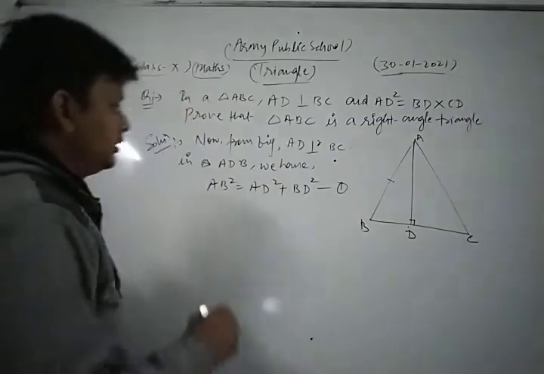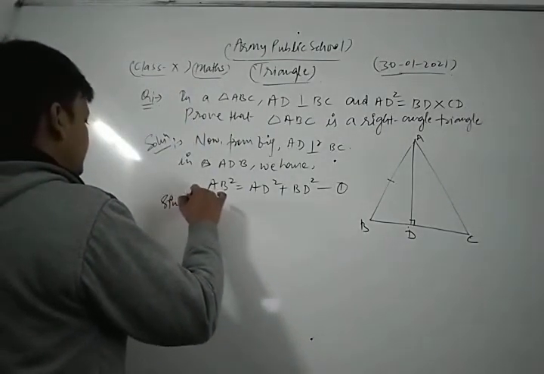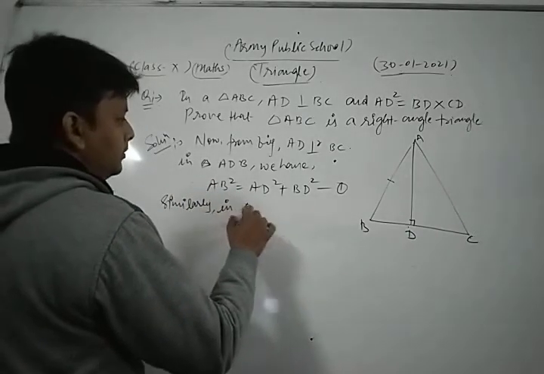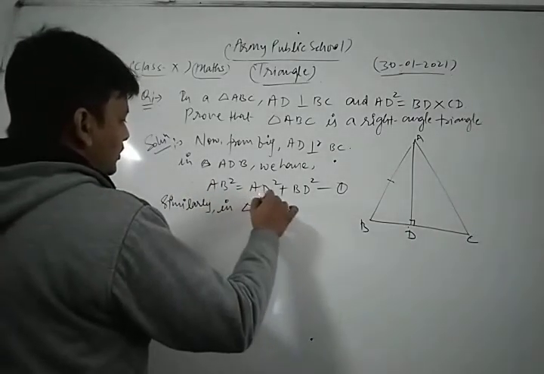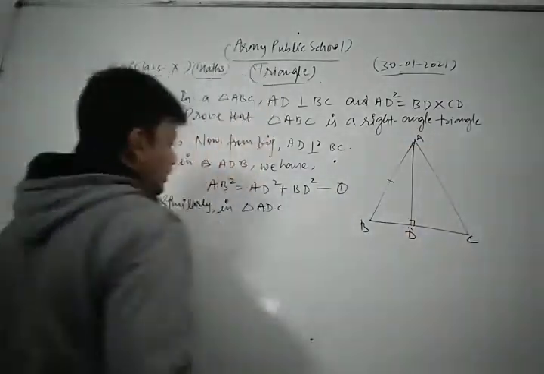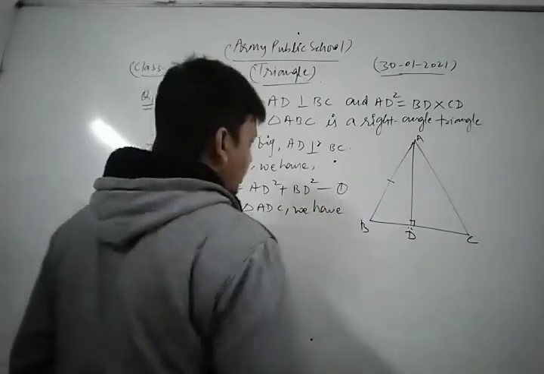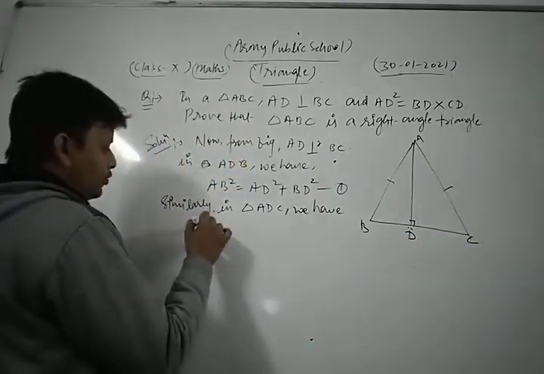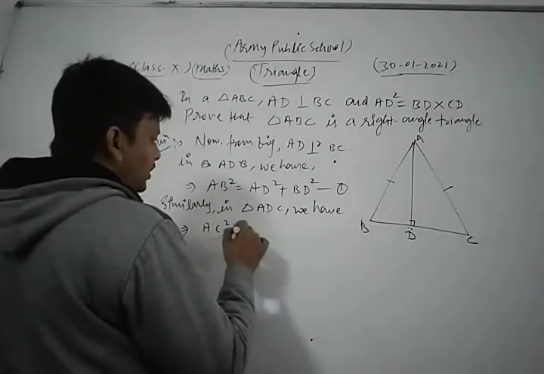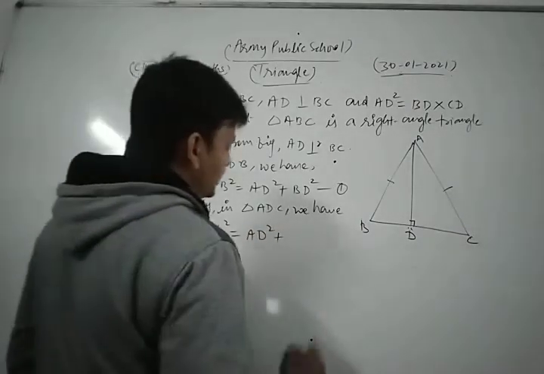Similarly, in triangle ADC, the hypotenuse is AC, so AC square is equal to AD square plus CD square.